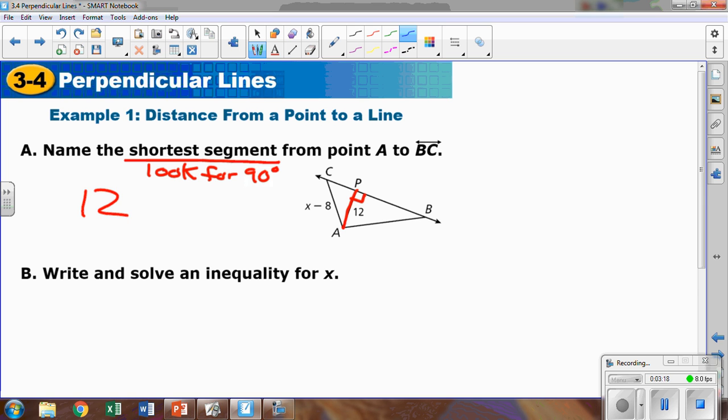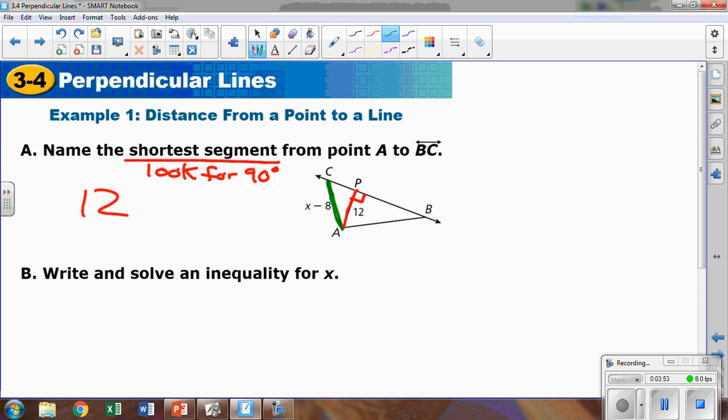Done. That's all this one was taking. Well, that's going to allow us then to recognize that this piece from A to C still goes from point A down to the other line BC, but it's not the shortest possible distance. It's not the shortest way to get there because it's not at a 90-degree angle.